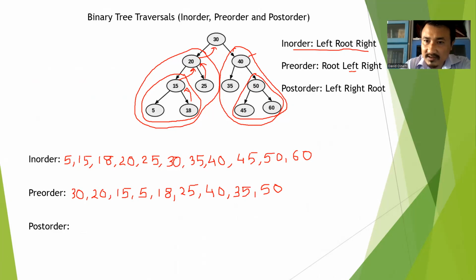Root we have completed, left 45. We have to write here 45. Then from 45, you have to backtrack to the root node again. Then you have to check the right side. Root completed, left completed. Then right, you have to go here. It is 60.